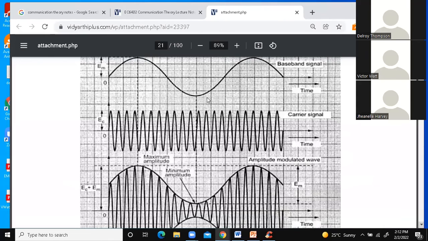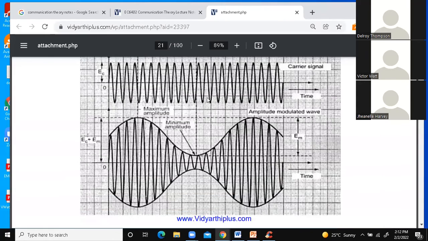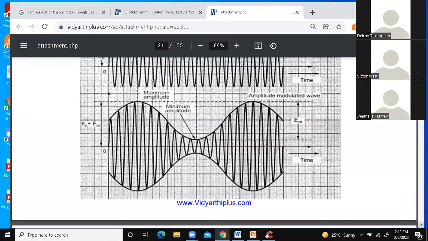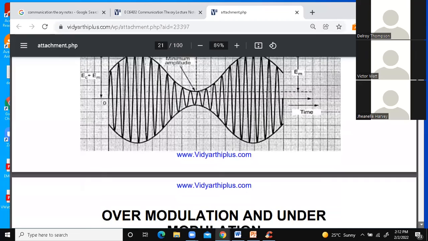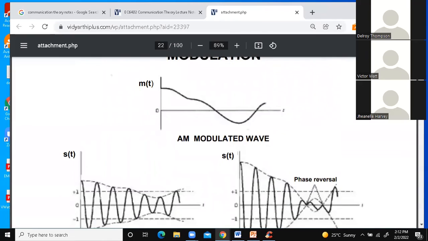And when we do the labs, which we will start next week, combine the two signals and see what they look like. Radio, tune the radio.